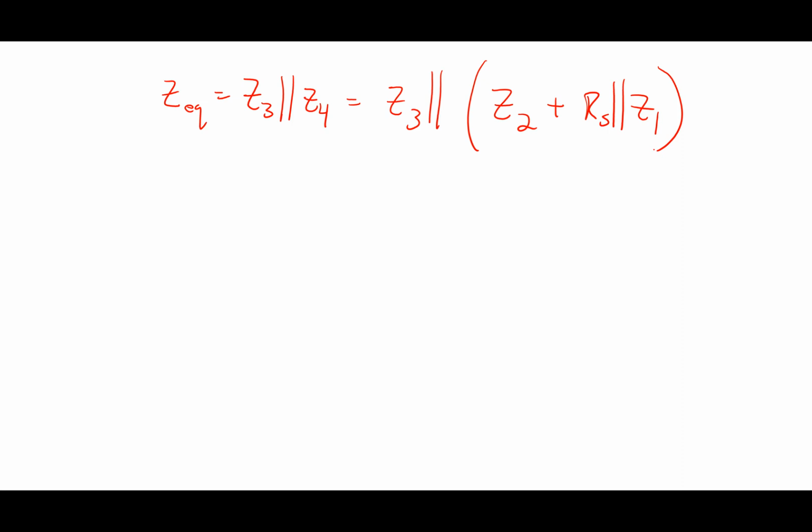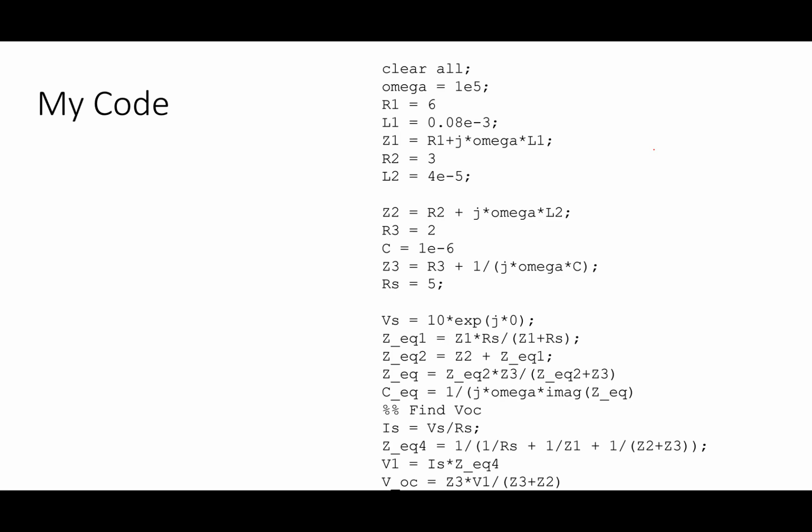All right. I'm going to jump ahead for a second to the code that I wrote to put this into MATLAB. So what I did was I defined my omega. I put in the values of all of the impedances here. And then I calculated Z2, Z3, Z1, and RS. All of my equations are in terms of RS, Z3, Z2, and Z1.